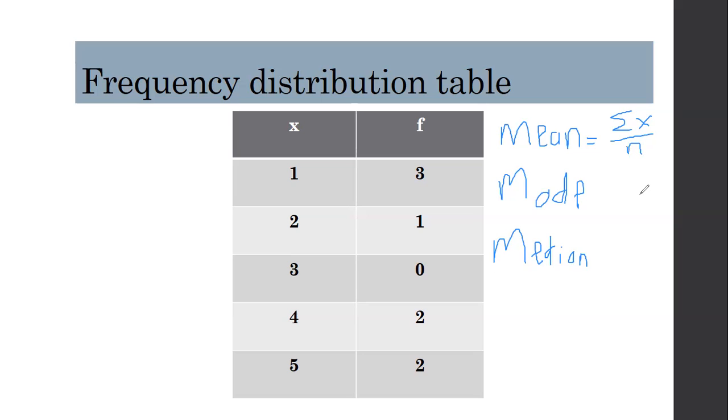Which number? So if I have, it's going to be 3 1 2 2. So X is 1 and F is 3. So X showed up 3 times, 2 showed up once, 3 showed up 0, 4 showed up twice, 5 showed up twice. And then we take 3, 4, 5, 6, 7.